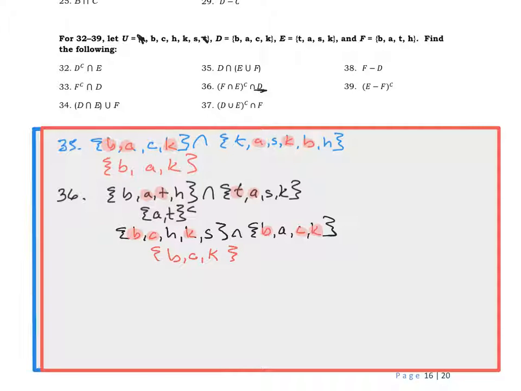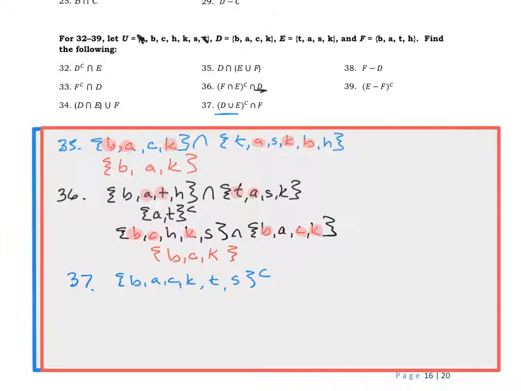Okay, all right, now let's look at number 37. On 37, I want the complement of the union of sets D and E. So let's go ahead and write the elements in set D. And E: T, A is already written, S, and then K is already written.